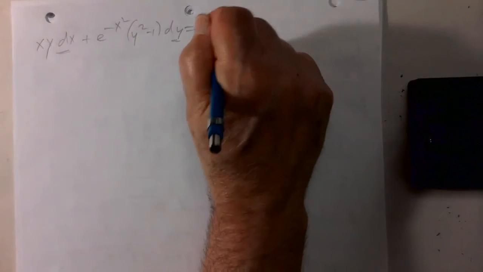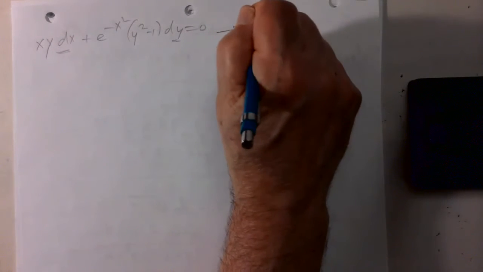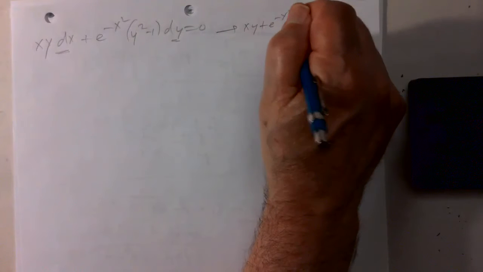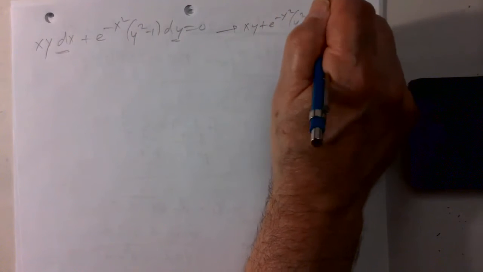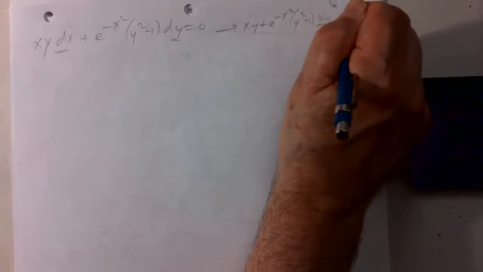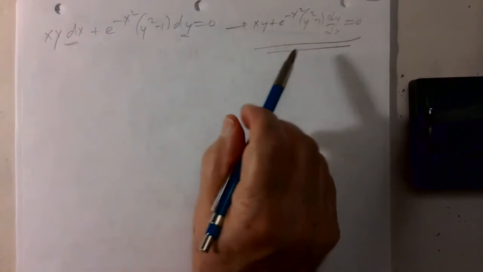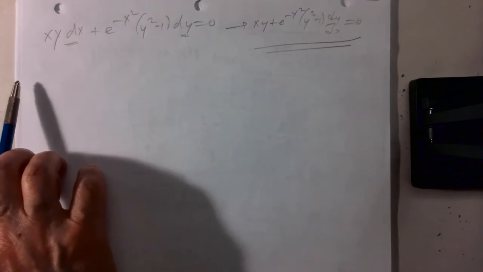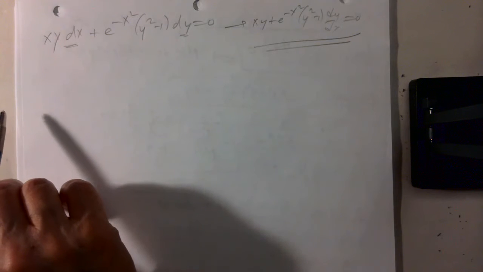You should think of this as xy plus e to the minus x squared, y squared minus 1 dy dx equals 0. So this really is the differential equation, but it's written in what is called differential form. And it's not quite separated, right? It's not separated. Let's try and separate it.